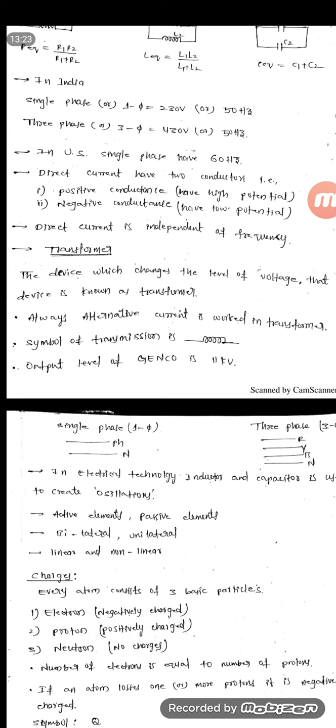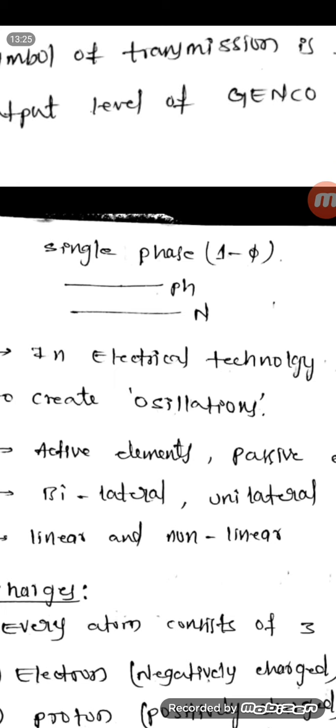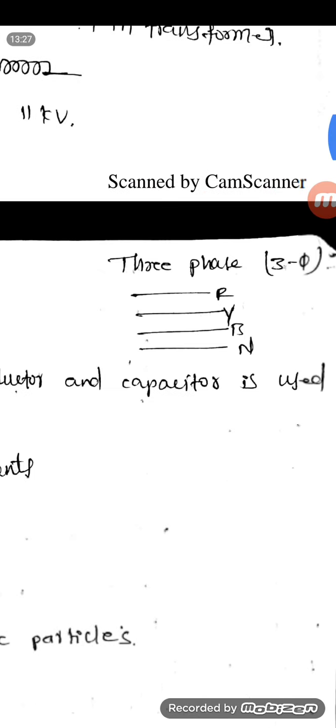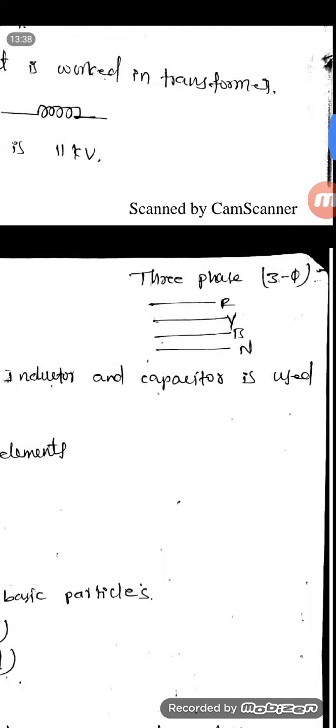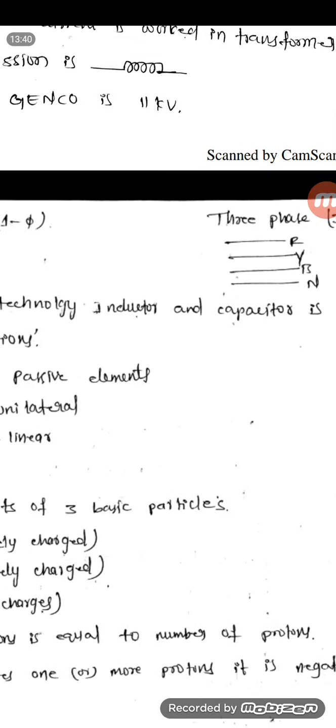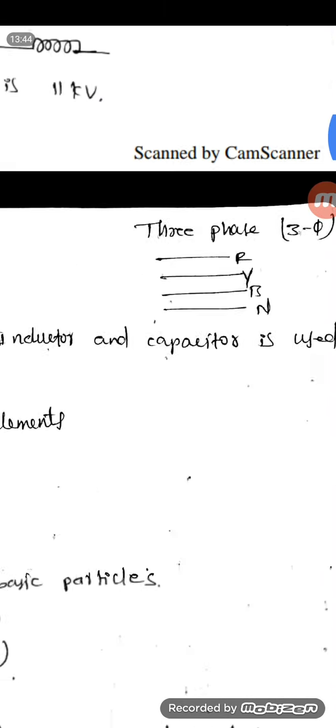Single phase is represented as phase and neutral. In three phase, there are three conductors, R, Y, B, where R is red, Y is yellow, B is blue, and N is neutral. So this is the three phase neutral connection.